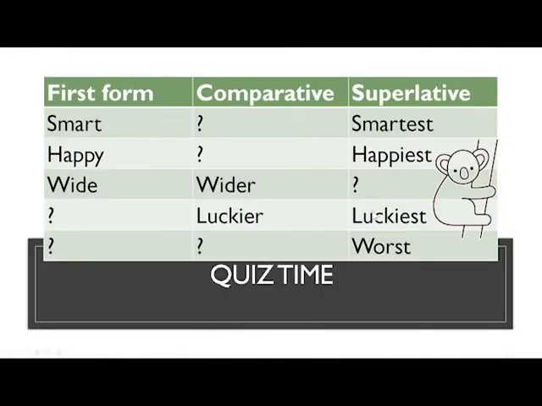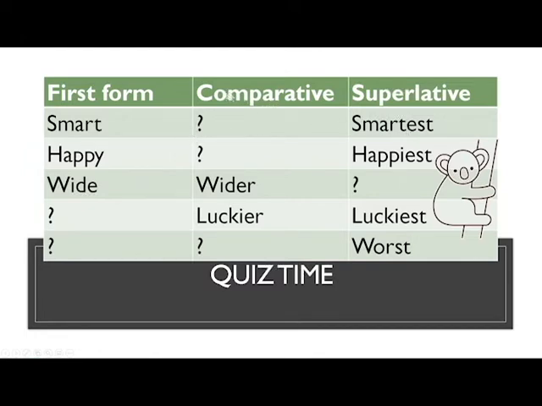And this is a quiz for you, so quiz time. The first form of the word is smart, and the superlative form is smartest. What is the comparative form? So you have guessed it right.